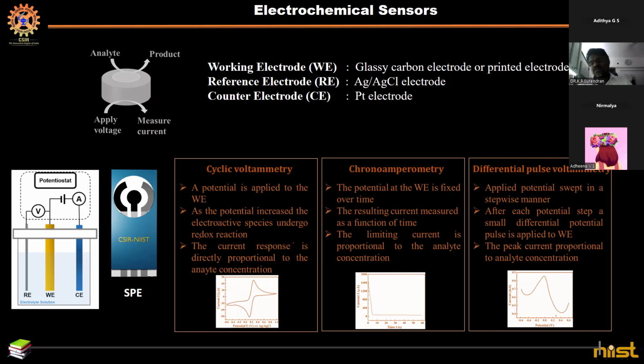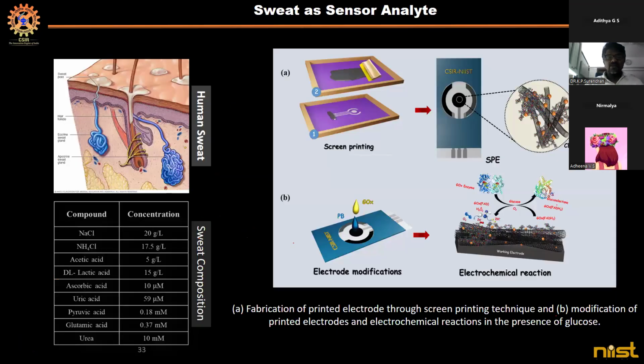One more technique that we also work with is called differential pulse voltammetry, where the applied potential is swept in a stepwise manner, and at each of these potential steps a small differential potential pulse is applied to the working electrode. These techniques are equally good, but we have to decide which one we want.